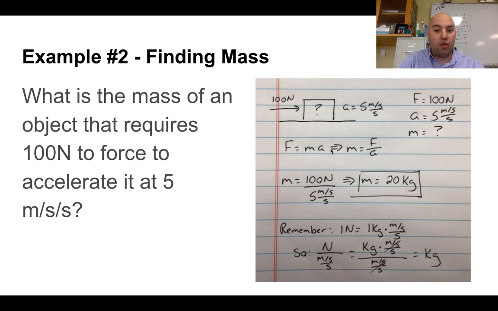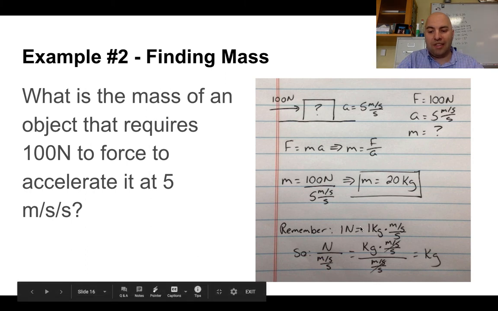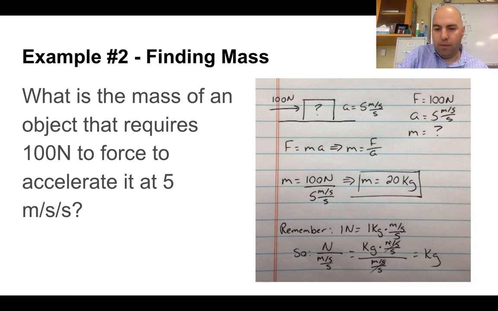So I can take force equals mass times acceleration and just solve for mass, which gives me force divided by acceleration. So if I take 100 newtons, divide that by 5 meters per second squared, I'm going to end up with 20 kilograms. And just as a reminder, this is how we get newtons divided by meters per second squared and end up with kilograms.